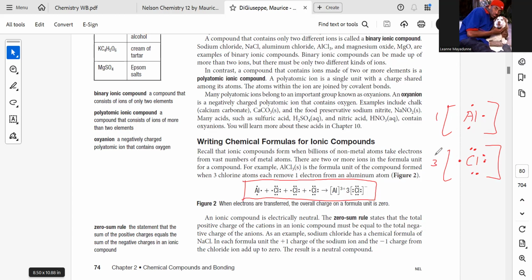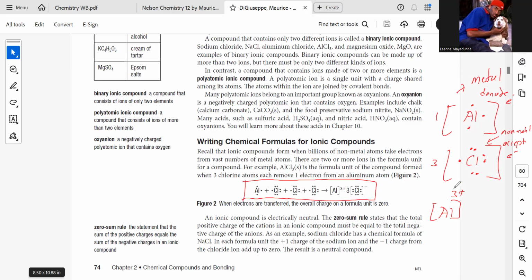Okay, now how is this compound formed? We know this is a metal, so it will donate the electrons. Chlorine, on the other hand, is a non-metal, so it will accept electrons. So aluminium will donate the 3 electrons and have 3 positive charge.